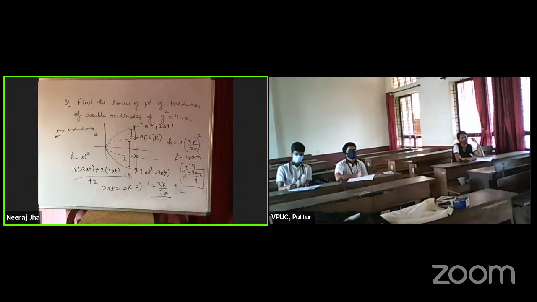This will be the parabola which is the locus of this particular point. You understood or not? Okay.